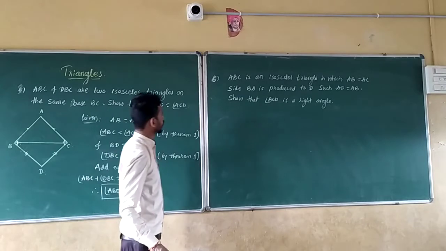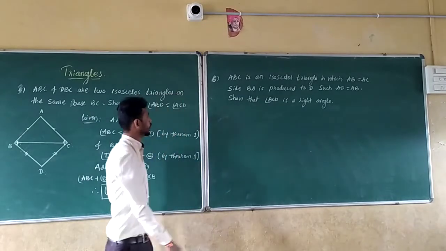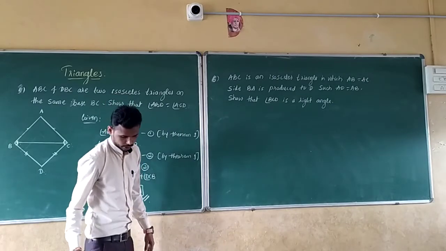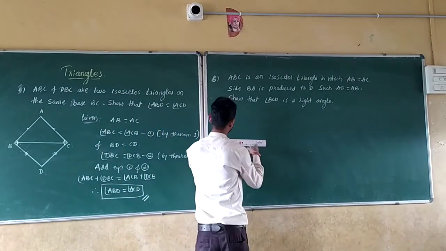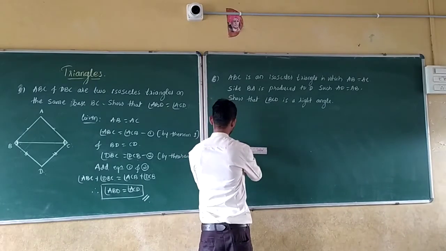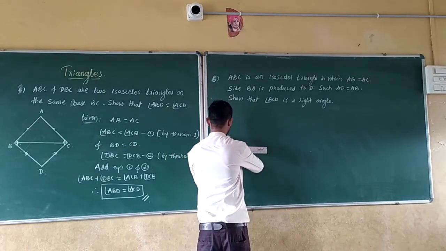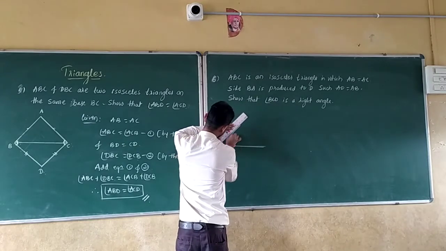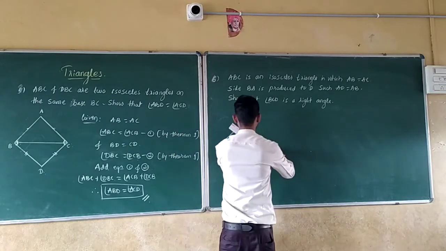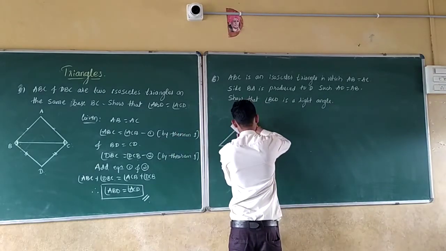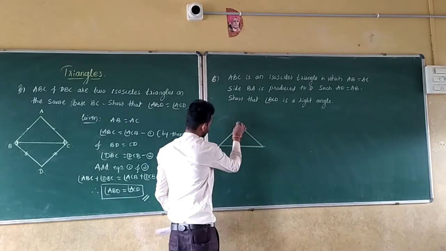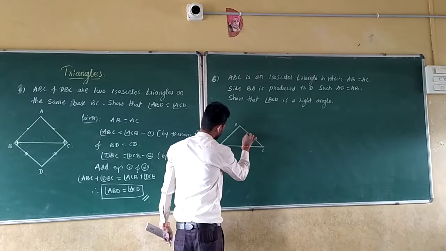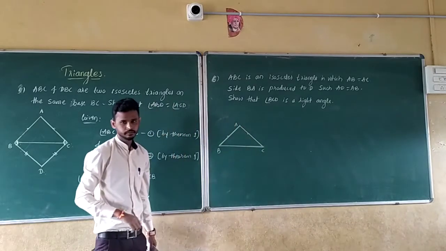Now let us see the next question, the sixth one. ABC is an isosceles triangle in which AB equals AC. Let us draw the isosceles triangle first. See, this is an isosceles triangle ABC with AB equal to AC.